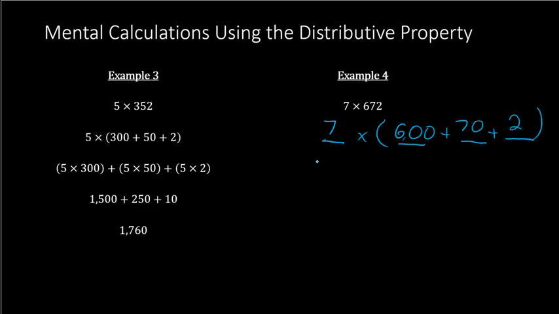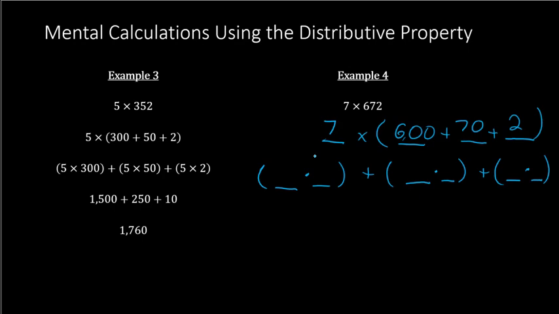All right, so that's your first step. See if you can get the next step. We're going to have 3 parentheses. We're going to have a number times a number, another number times another number, and another number times another number. So see if you can fill in these blanks.